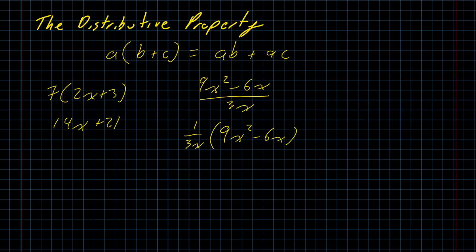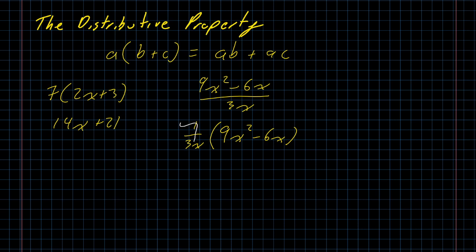Right. I want to take a moment and stress here. Because I have subtraction in the numerator, things are going to work fine. If I had subtraction in the denominator, this would become a lot more challenging. We'll talk a little bit more later on in this course about what a lot more challenging looks like. But by writing it out in that form, you can see that we can use the distributive property.